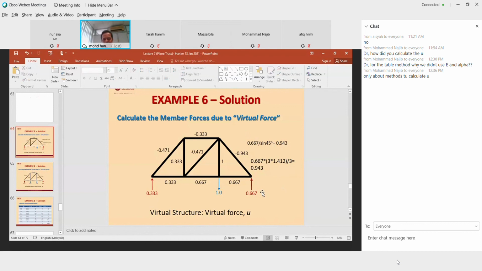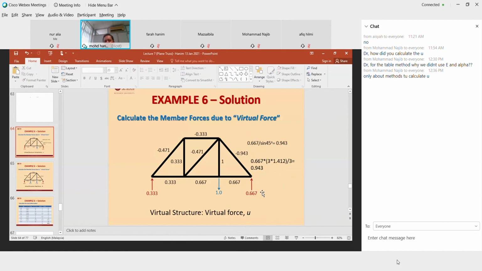I don't have the calculator here. 0.667 multiplied by 3 multiplied by 1.412 divided by 3, 0.943.